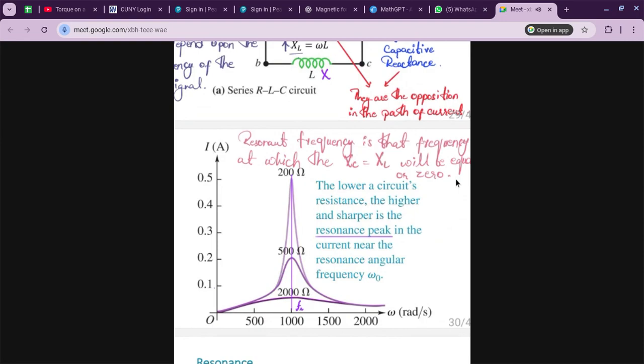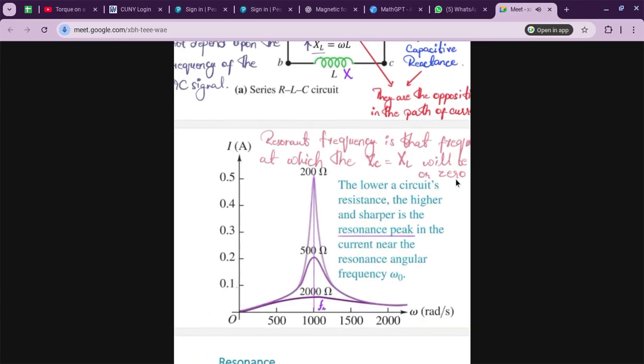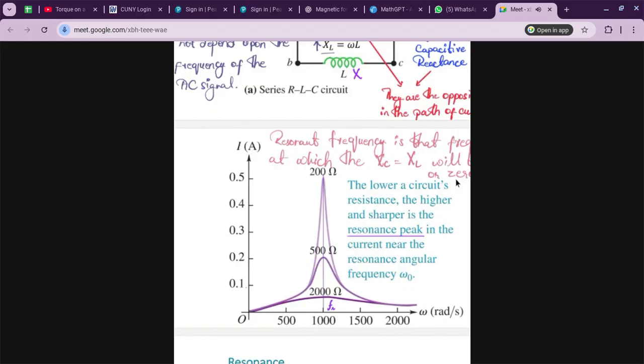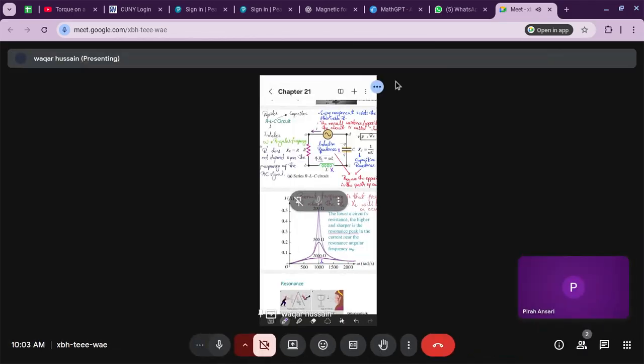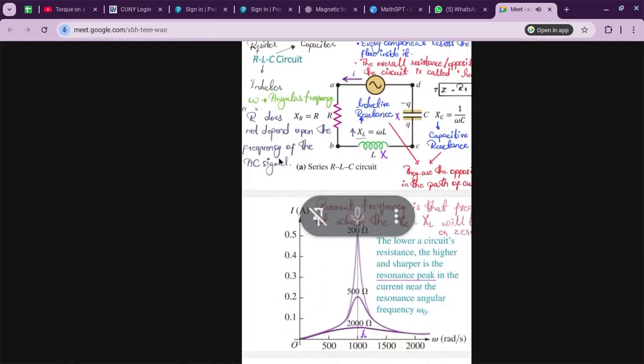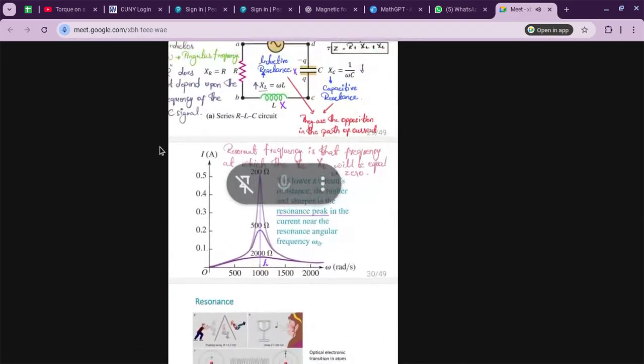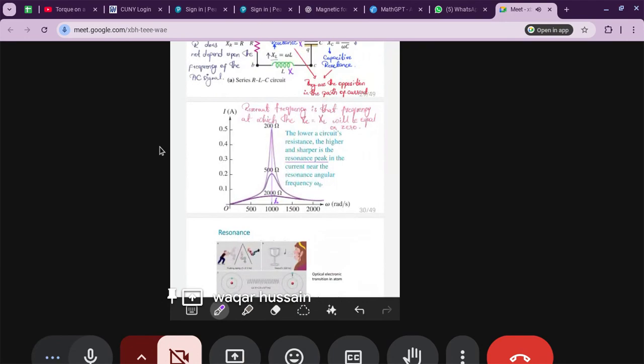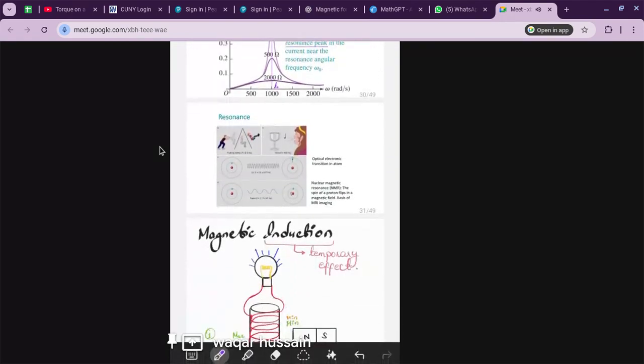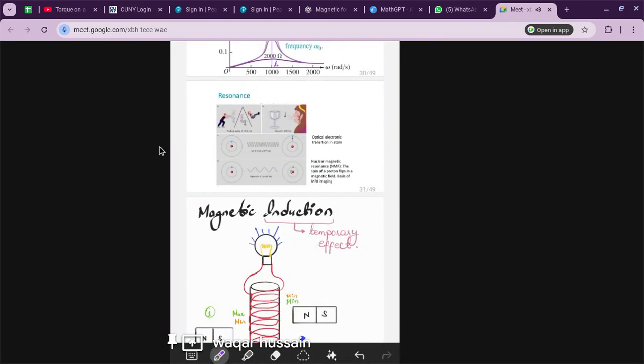Then the only resistance left, which doesn't depend upon frequency, is R. So we have automatically reduced the overall resistance of the circuit, and the current spike will be huge, obviously. So this is the RLC circuit, and this is the phenomenon of resonance.